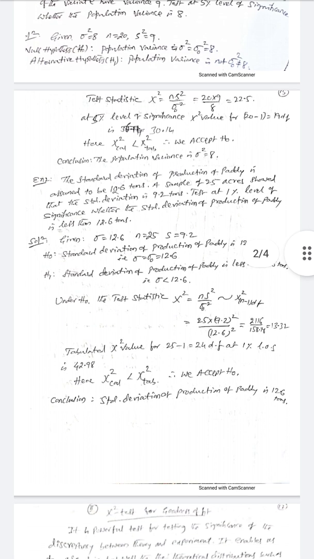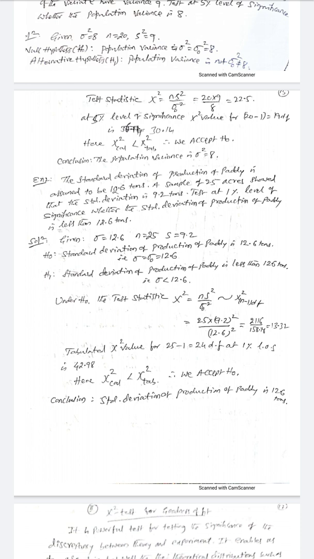Here sigma equal to 12.6, n is 25, S equal to 9.2. So the null hypothesis is standard deviation of production of paddy is 12.6 tons, that is sigma equal to 12.6, and alternative hypothesis is standard deviation of production of paddy is less than 12.6.